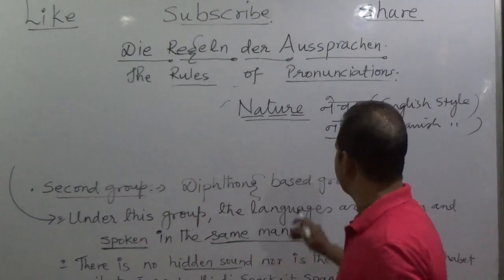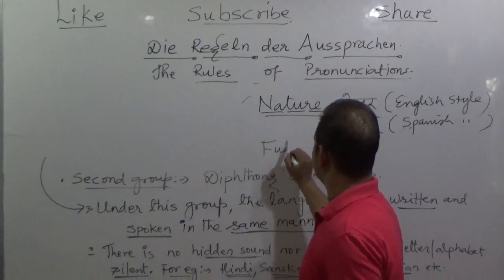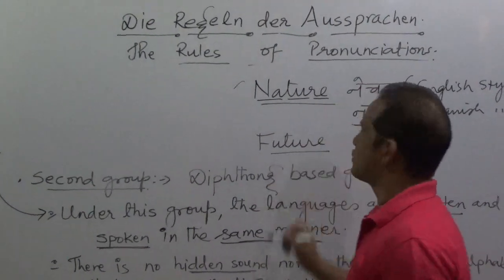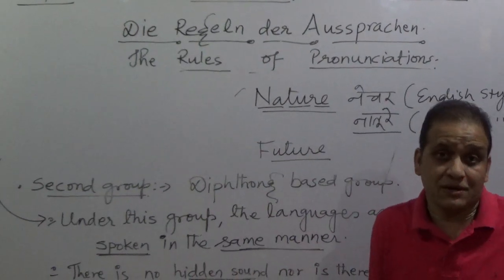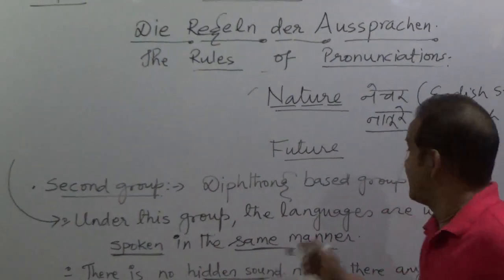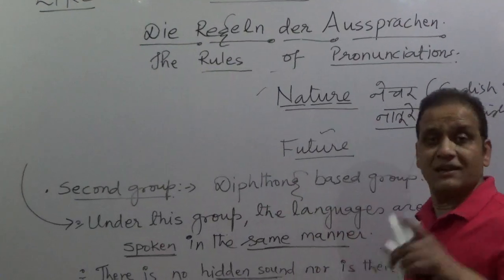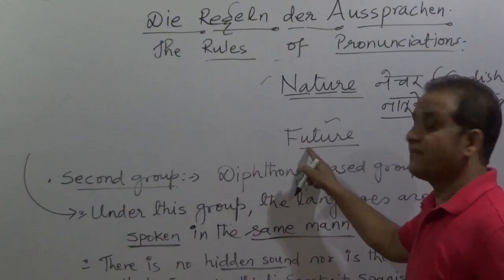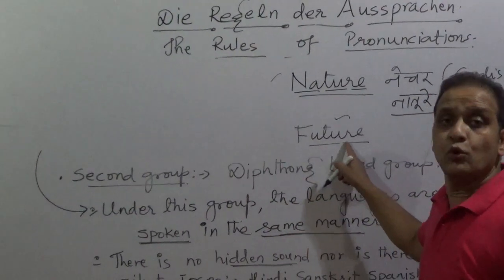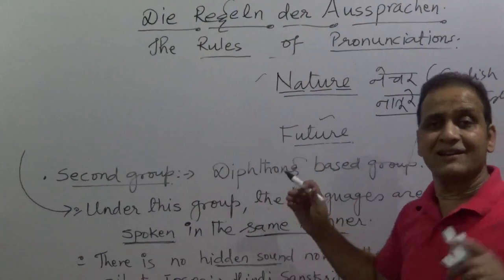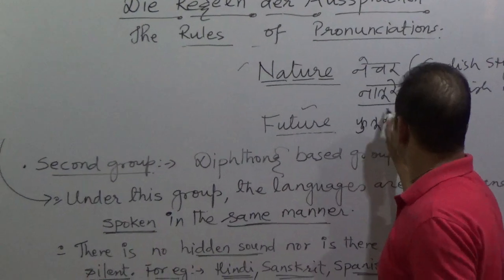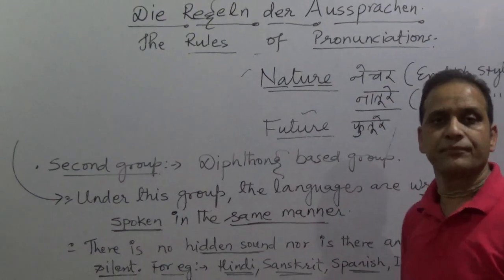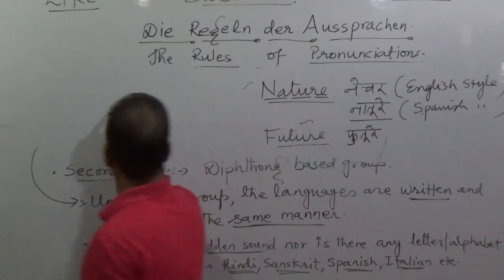I will give you one more example. In English, you will read it as "future". Again, there is no logic why and how you pronounce it like this. But the Spanish style is: F-U, fu, T-U, tu, R-E, re. All together, fu-tu-re. One more example.